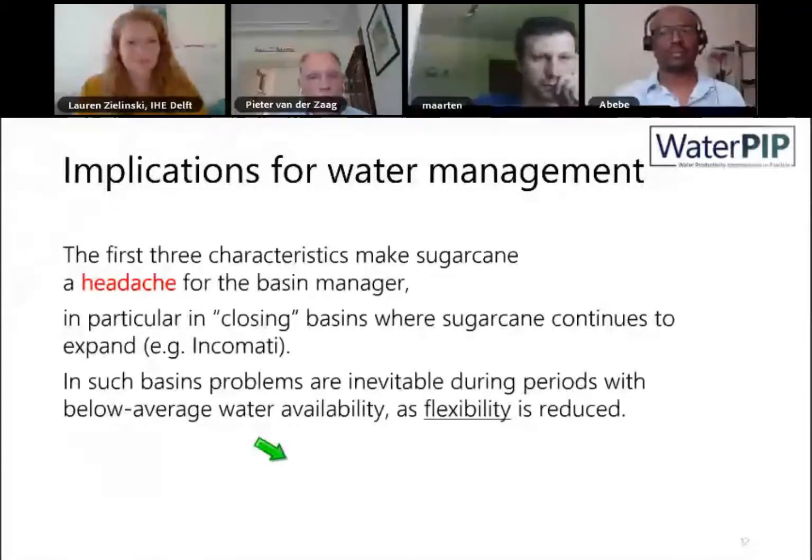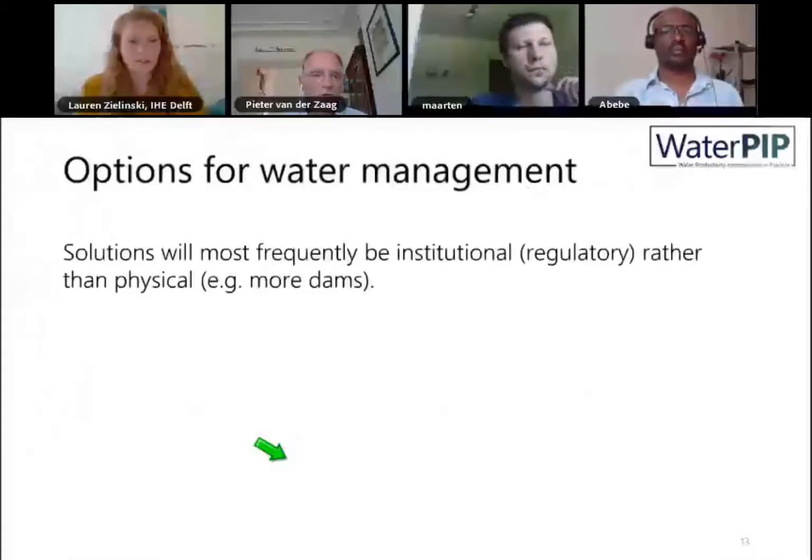In such closing basins, problems are inevitable during periods with below average water availability, as the flexibility is reduced due to the sugarcane because of its perennial crop and its high water use requirements. So what are options for water management to solve this rigidity in the system?